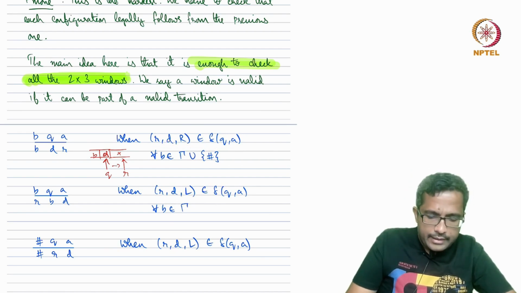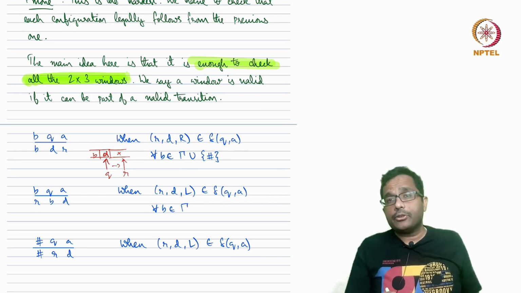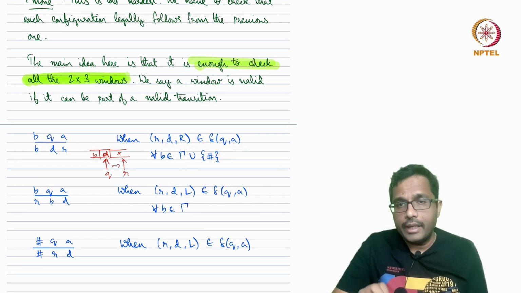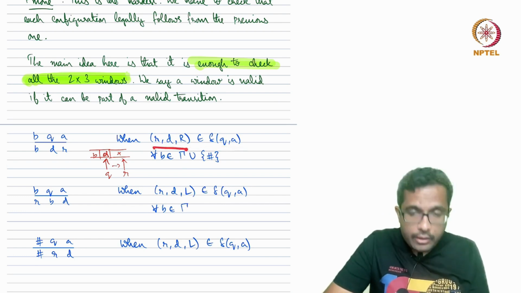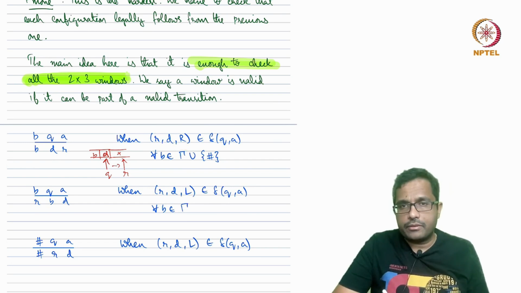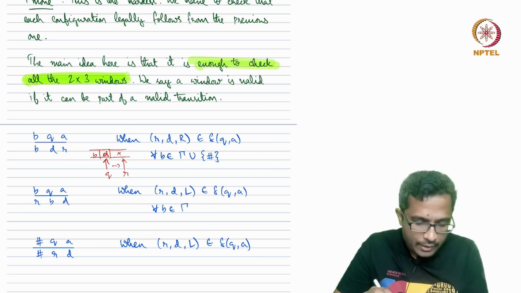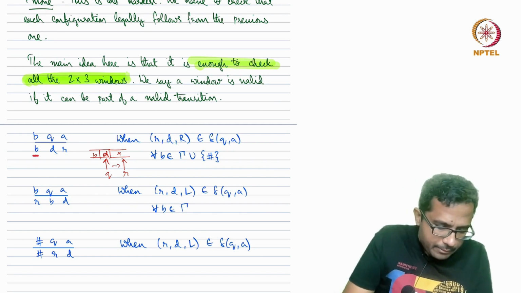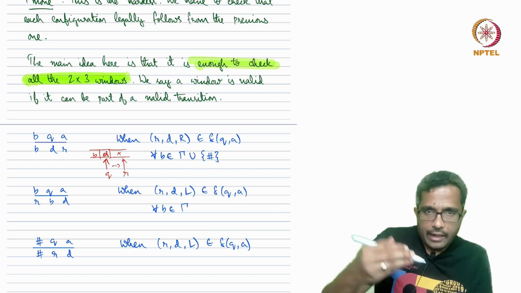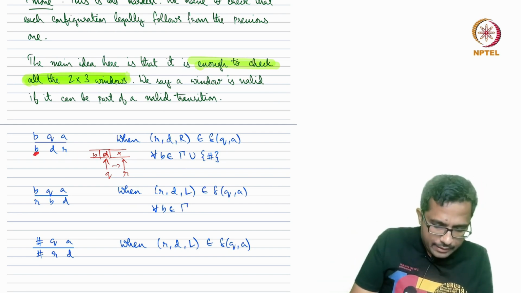Delta Q A contains R D R. Notice that this is a non-deterministic Turing machine, so we don't say delta Q A equal to. This is one of the many possible moves, or some possible moves. We don't know how many, and B could be any symbol. So when this happens, the first row had B Q A, and after one step, the B remains as it is.